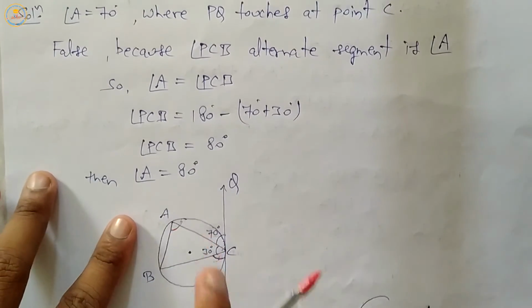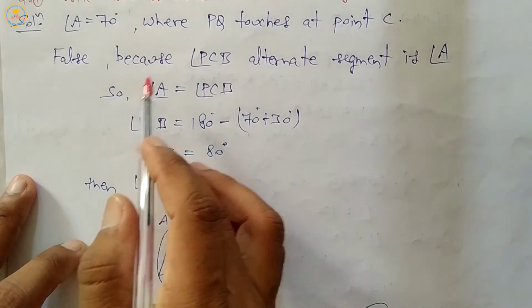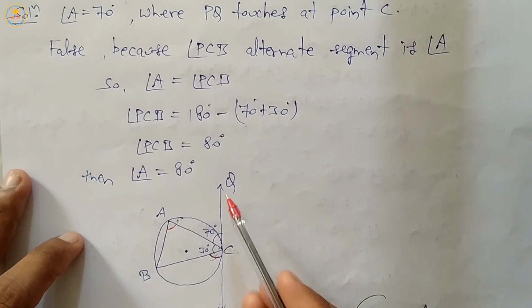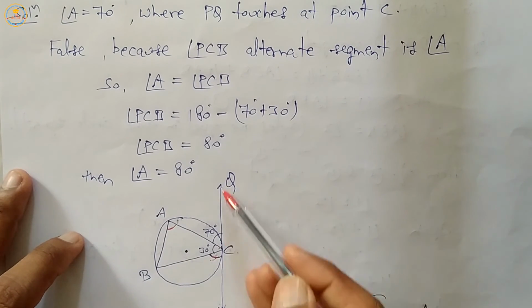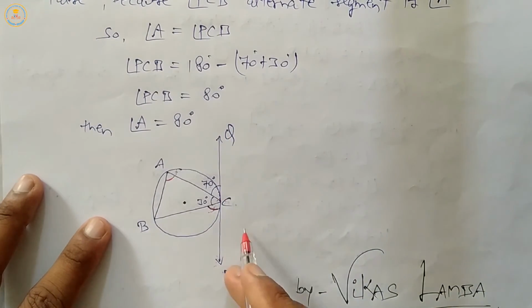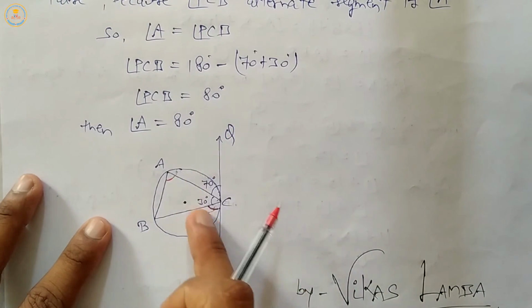According to this, PCB is the alternate segment angle, so angle A equals PCB. PCQ is a straight line, and on a straight line the sum of all angles is 180.